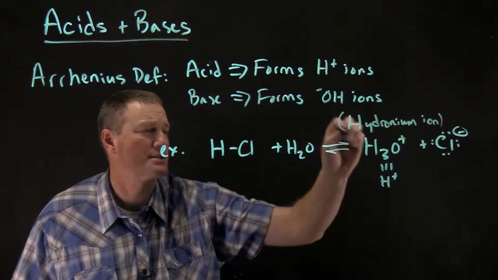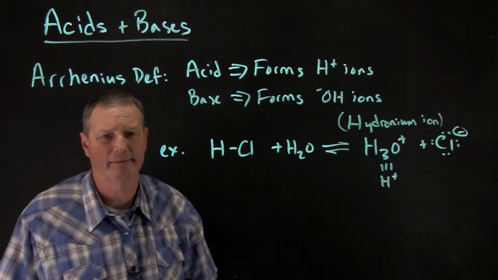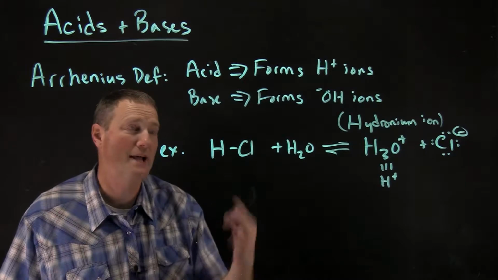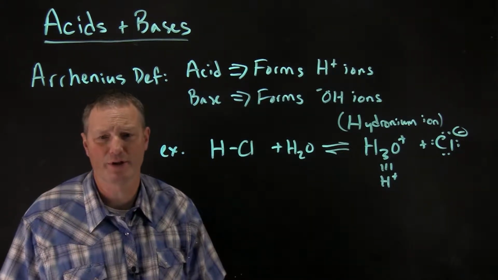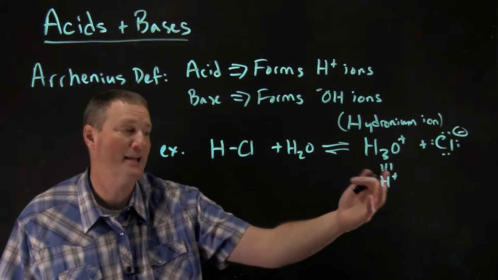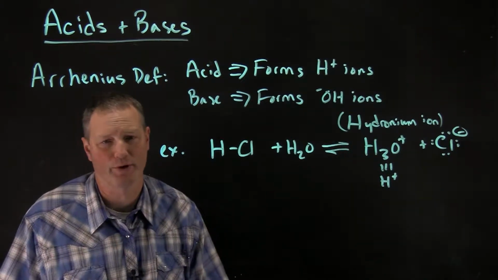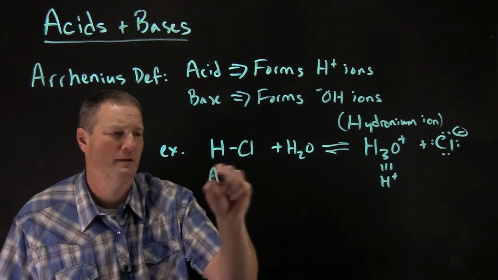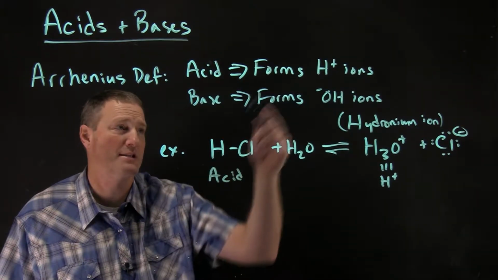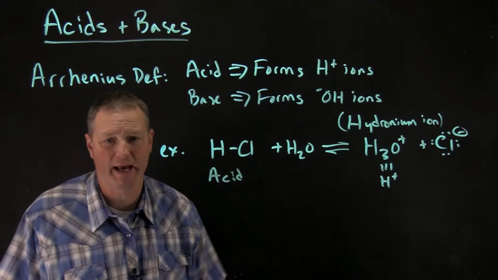When Arrhenius was defining acids and bases over 100 years ago, H3O+ really wasn't a species that was known, but he defined them as H+. We now know that that's really H3O+. So that's an example of an acid. It's a species that basically can form H+ ions.